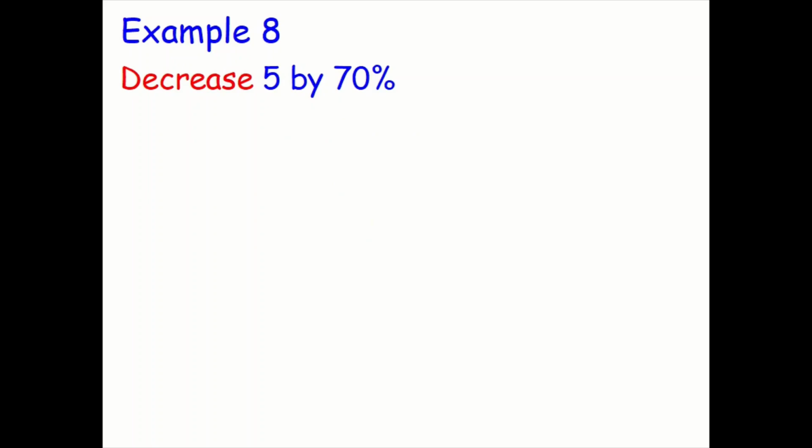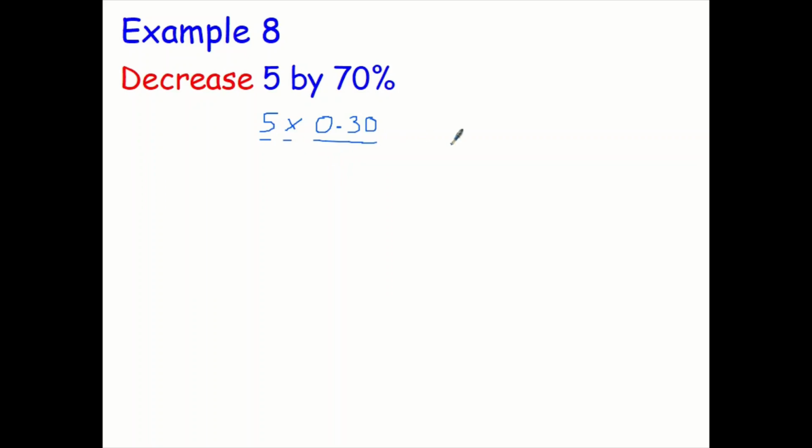Okay, example 8, decrease 5 by 70%. If I'm decreasing 5 by 70%, I'm essentially finding 30% of that original amount. 70 and 30 add together to 100. If you are on a calculator paper, you could just put this straight into your calculator. If it's non-calculator, you can do a written method.